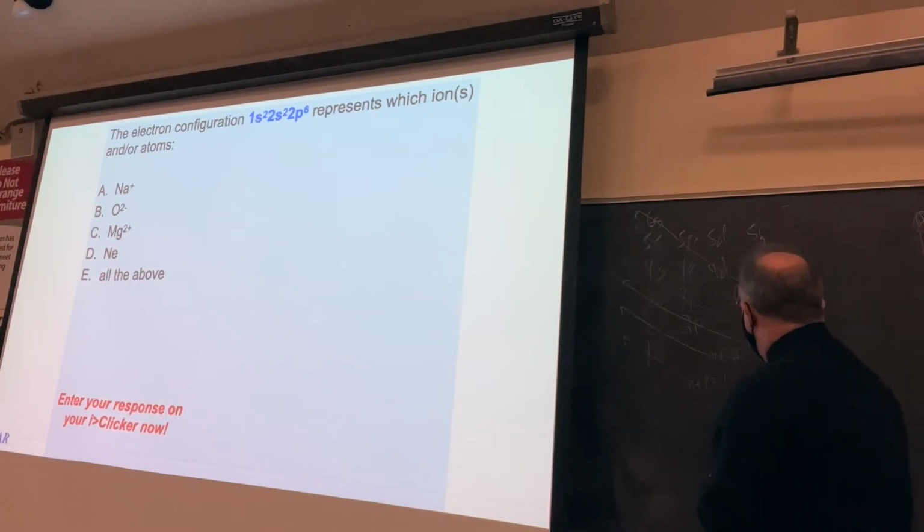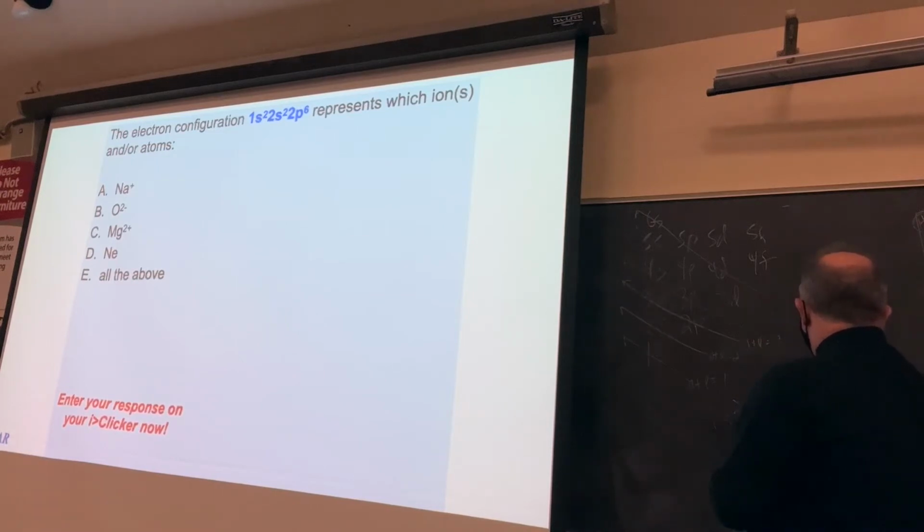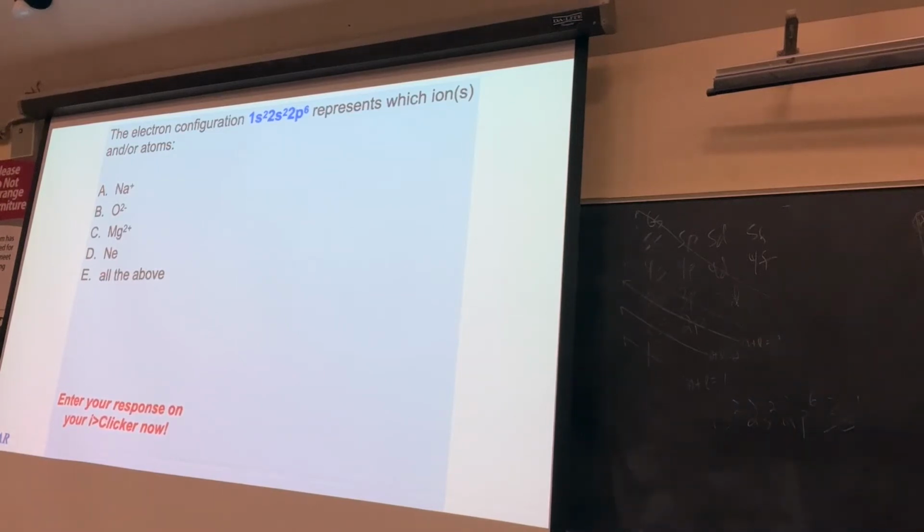But check this out. 1s2, 2s2, 2p6, 3s1 is the electron configuration for neutral sodium that we saw earlier. And one of the options up here is sodium plus 1. Now, if you're taking away an electron, highest N is the one that comes out first, and 3 is higher than 2 or 1. So sodium plus 1 is going to lose that 3s1.